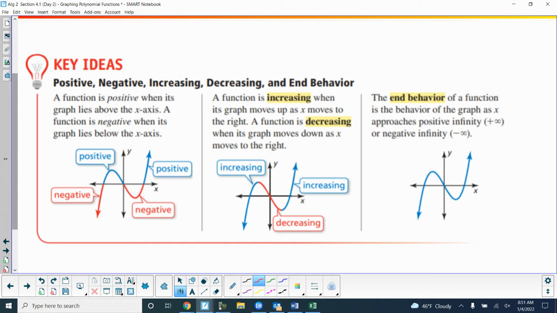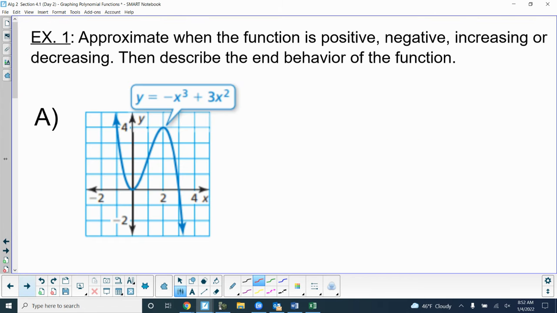Okay, so what we're going to have to do is write the intervals that it's positive and negative and increasing and decreasing. Okay? We're going to use inequalities to do that. All right? So it says approximate when the function is positive, negative, increasing, or decreasing, then describe the end behavior of the function.